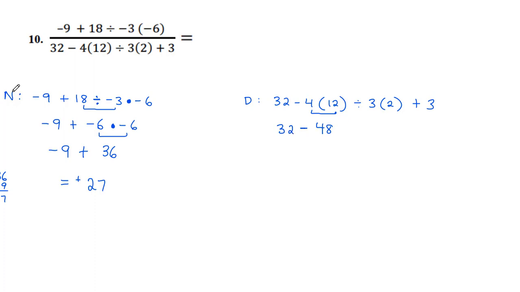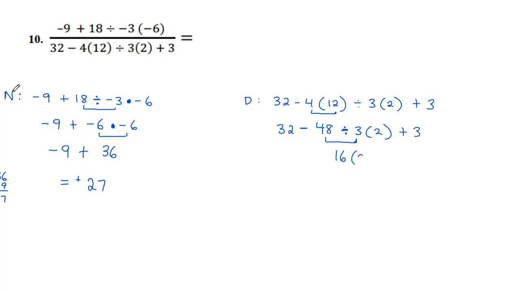Now I'm going to write everything again just to be safe. Now I see that I have division and multiplication, and the division comes first. So I'm going to divide 48 divided by 3 before I multiply 3 times 2. So I'm going to take 48 divided by 3, which is 16.